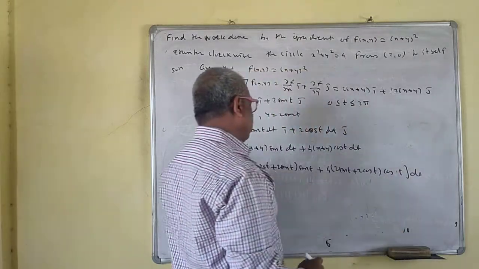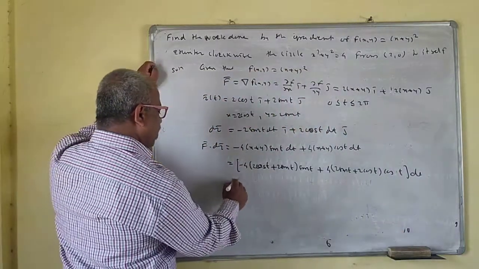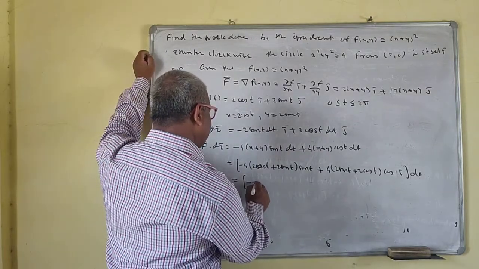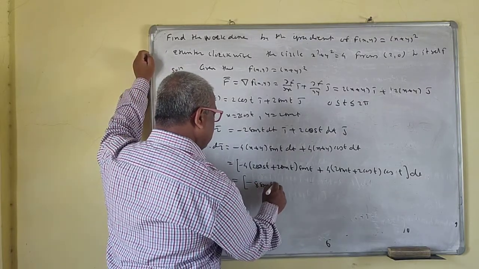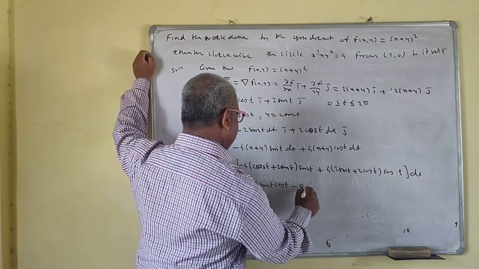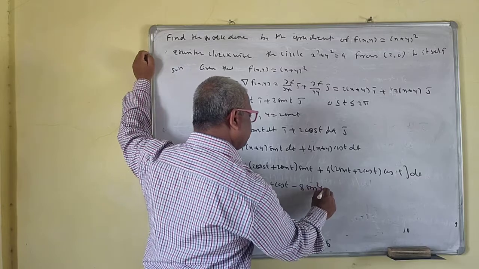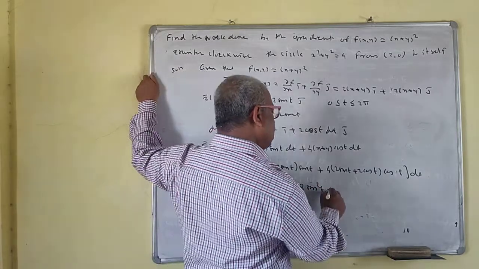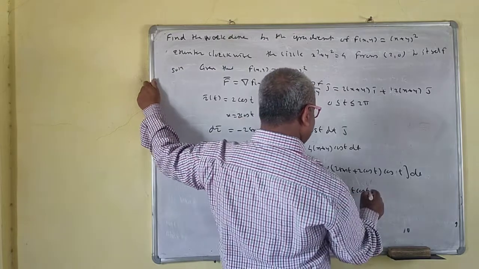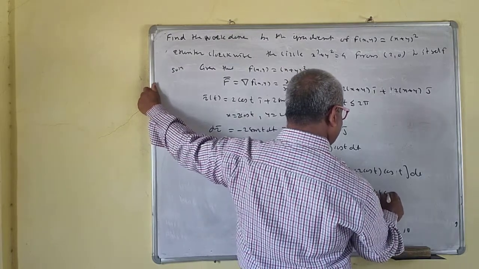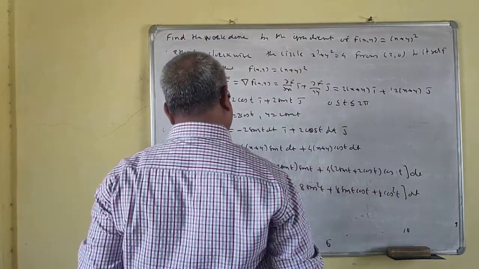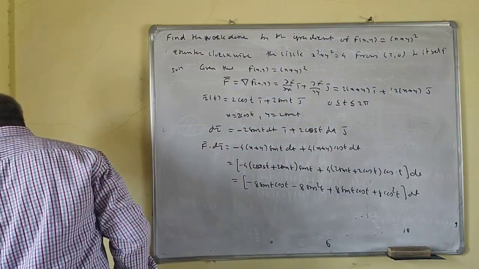Just we will simplify this. This is minus 8 sin t cos t minus 8 sin square t plus 8 sin t cos t plus 8 cos square t dt.